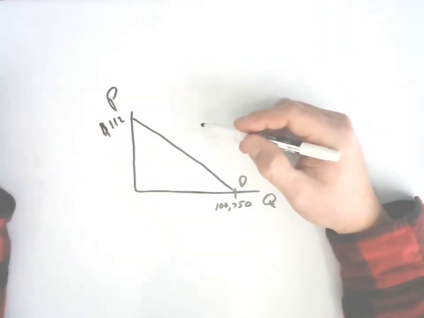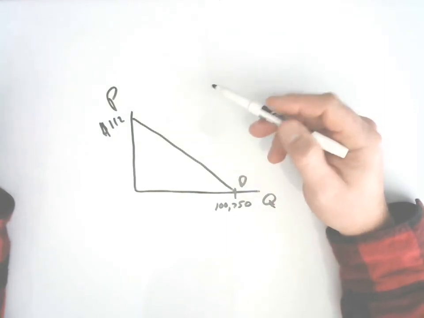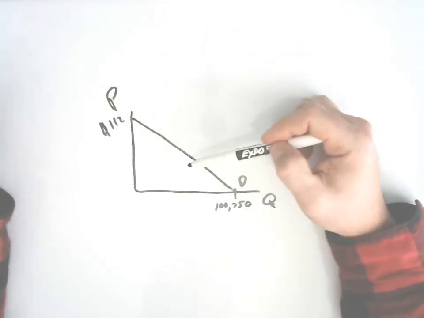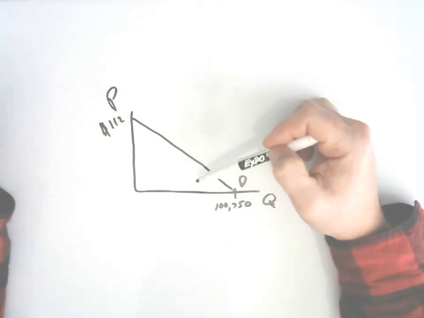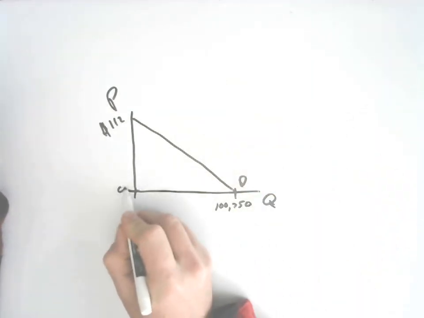Calculate the price elasticity of demand. Well, you're probably going to say, I only have the 2 points. I don't have 2 prices and 2 quantities. But you actually do.